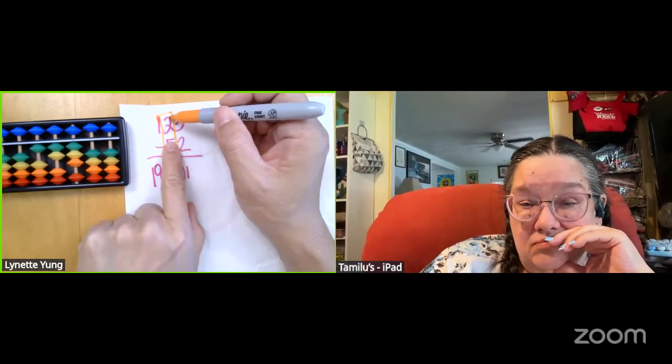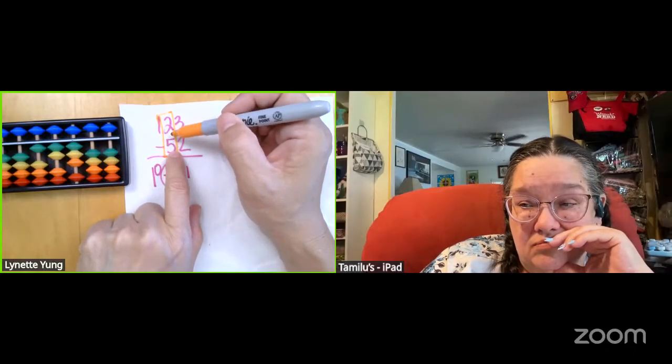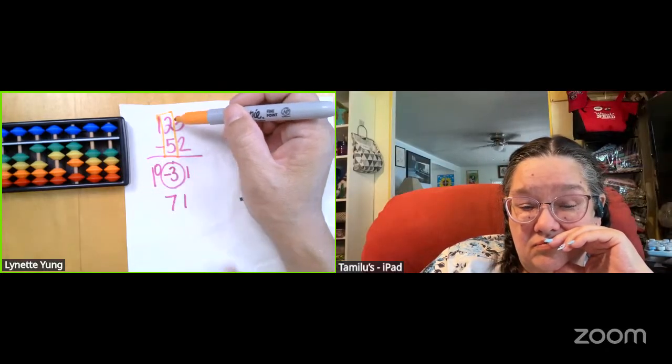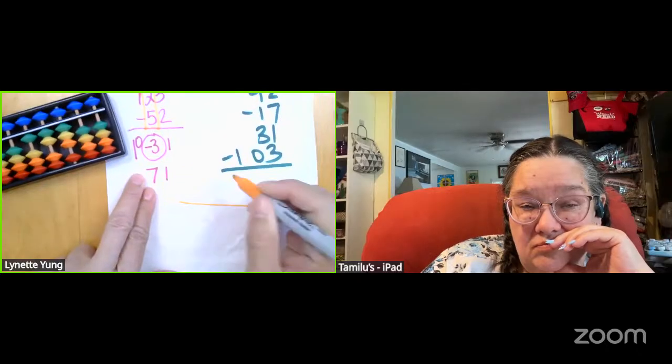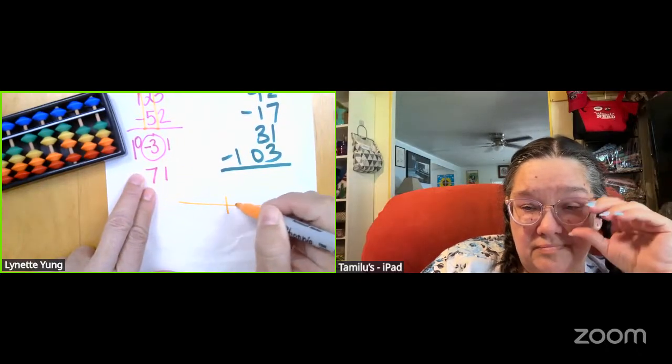But here, instead of switching the two, you get a negative number. And I was thinking of how we do a number line. This is 1, this is 2, this is -1, -2, -3. So I'm wondering maybe that would be the way to explain this.